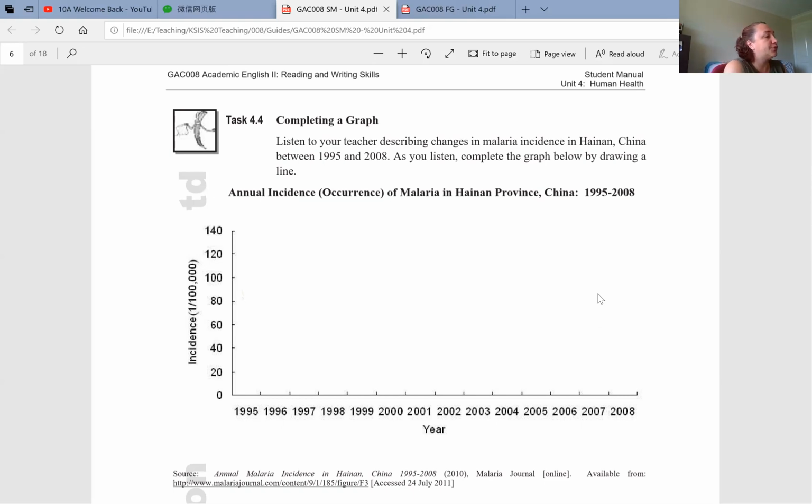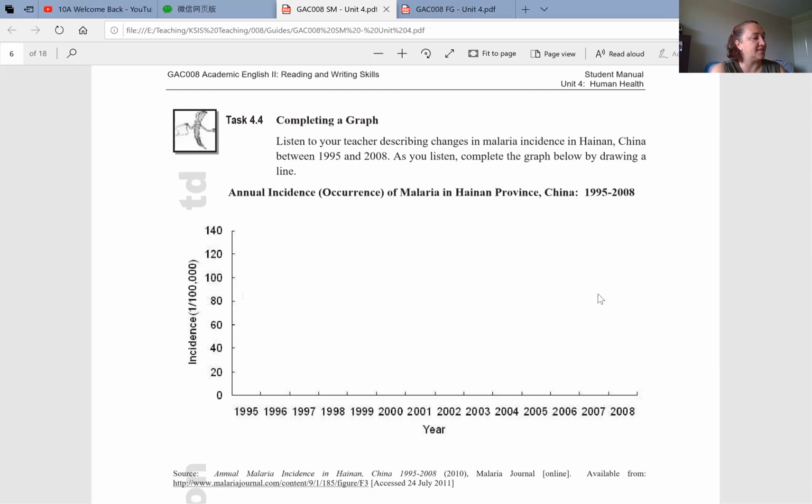This graph traces the annual incidence of malaria in Hainan, China between 1995 and 2008. The period between 1995 and 1997 was marked by a steady decrease in malaria incidence from 85,000 cases down to 65,000 cases.